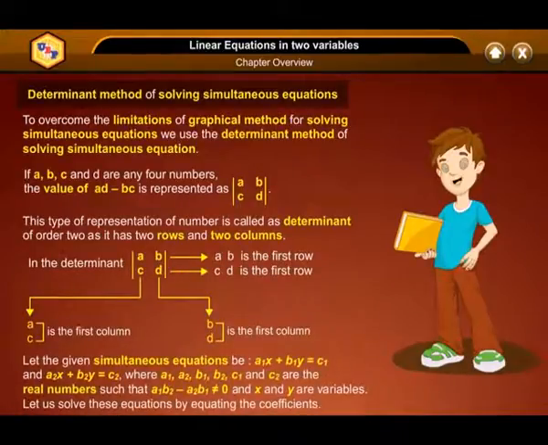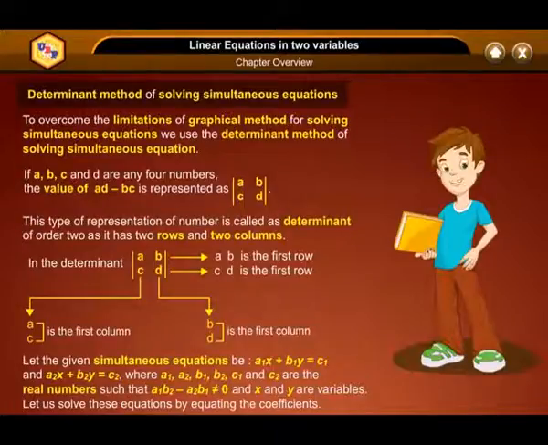Let the given simultaneous equations be a1x plus b1y equals c1 and a2x plus b2y is equal to c2, where a1, a2, b1, b2, c1 and c2 are real numbers such that a1 b2 minus a2 b1 is not equal to 0, and x and y are variables.